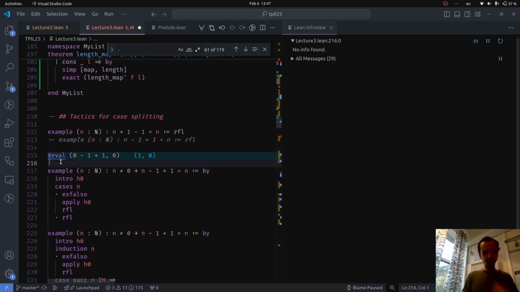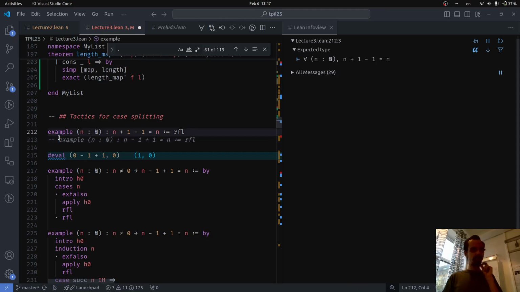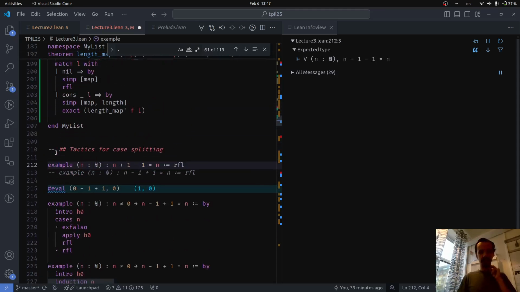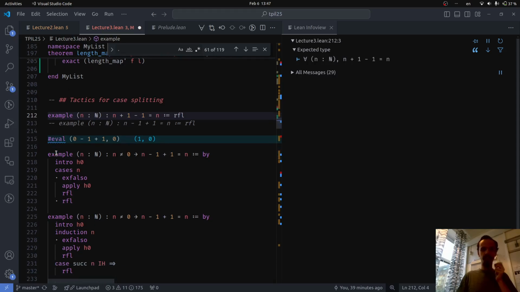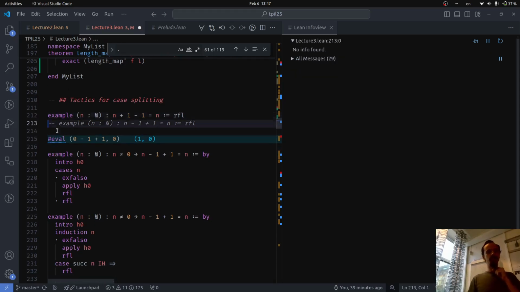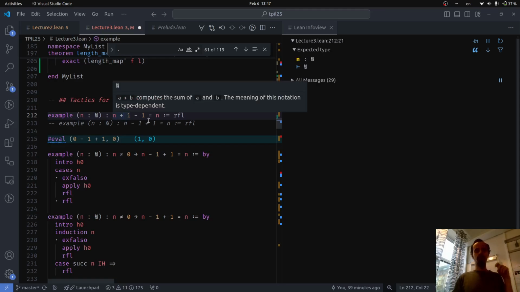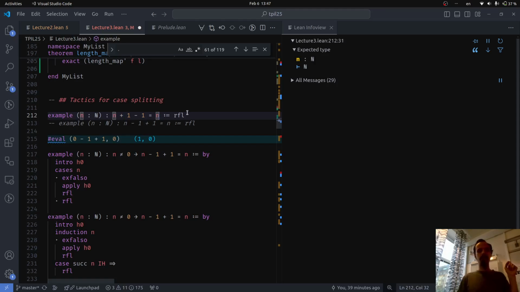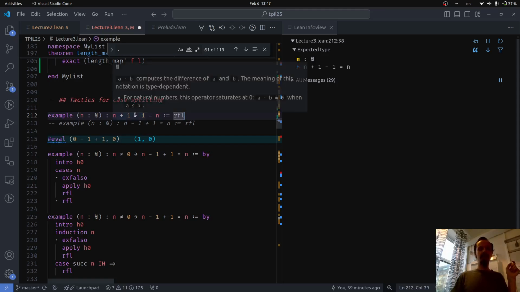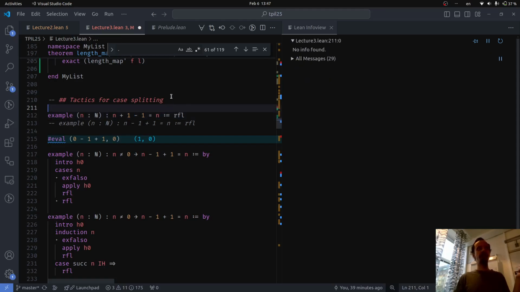Okay. So let's do some more realistic proofs using case splits. Here's an example theorem. n plus 1 minus 1 is n by reflexivity. That's because the definition of subtraction on the natural numbers is a case split on the 0 and the successor case.